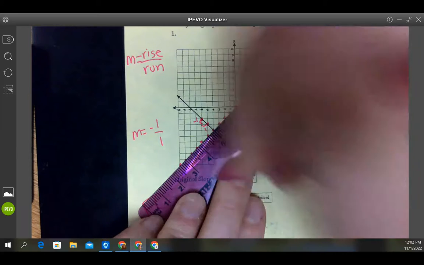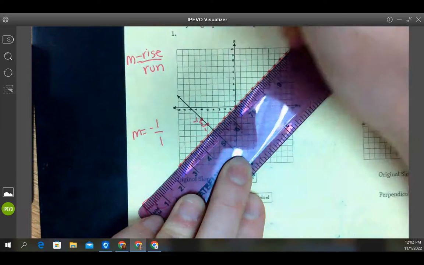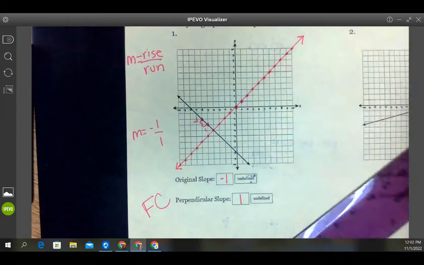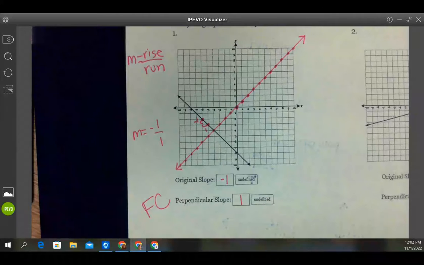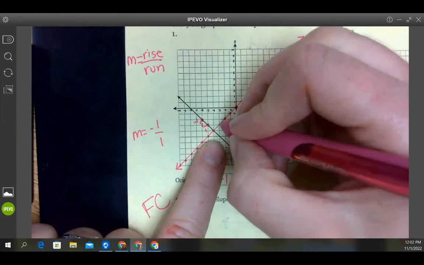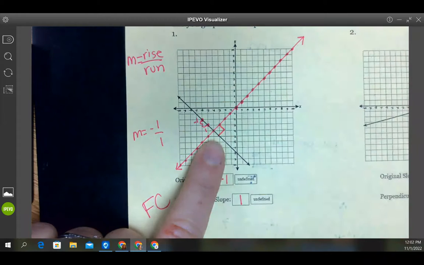As long as you flipped and changed your slope, you should have a perpendicular line whenever you graph that slope somewhere on there. So the way that these two intersect should form a 90-degree angle. And it does.